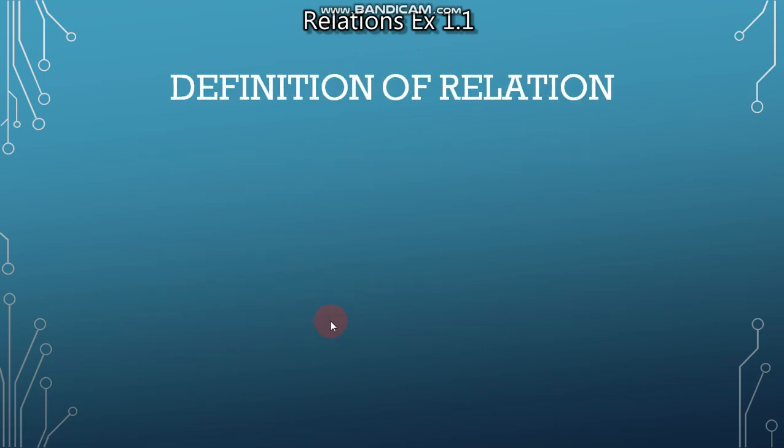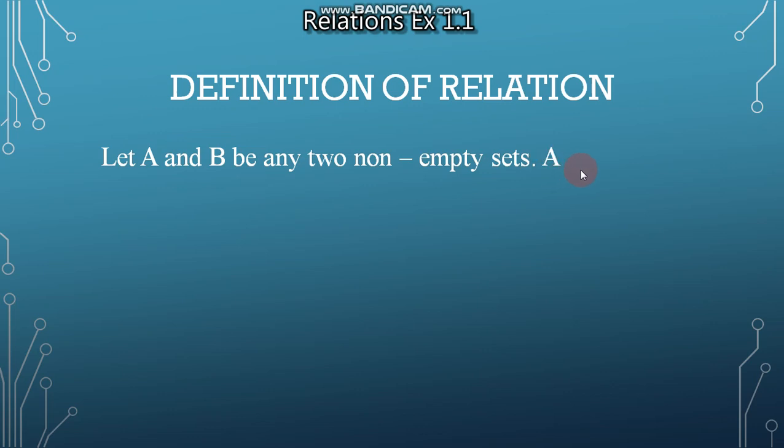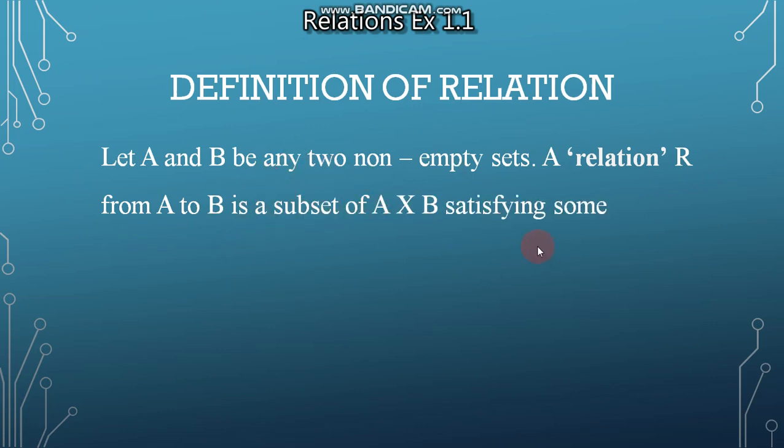Now the definition of relation is: let A and B be any two non-empty sets. A relation R from A to B is a subset of A cross B, satisfying some specified conditions.